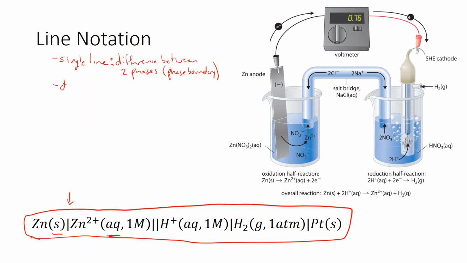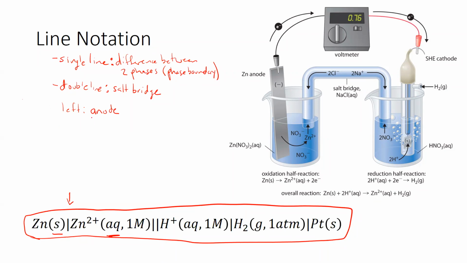A double line is going to represent our salt bridge. And then the way this goes is the left side has the anode, or the anode compartment.